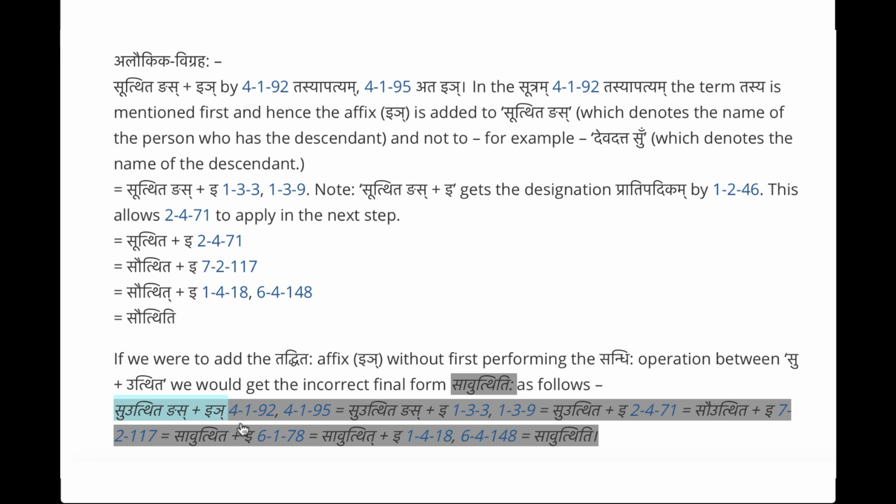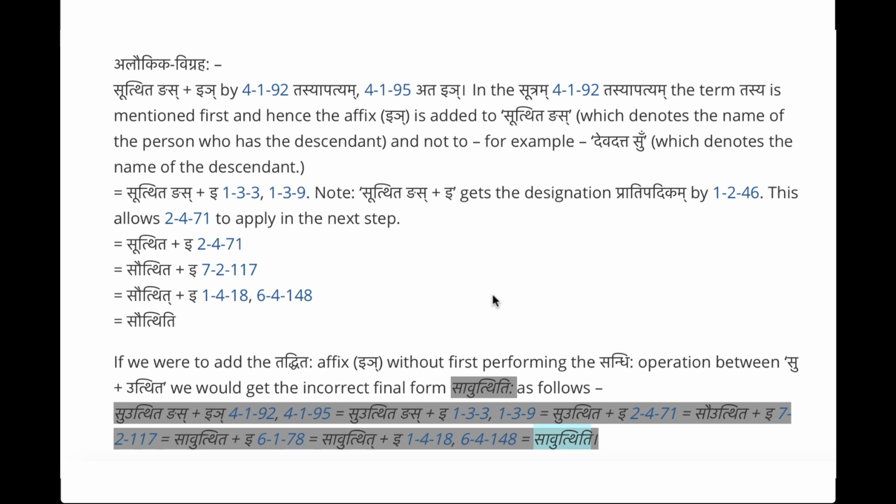Su Uthita Nyas plus Iny by 4.1.92 Tasyapatyam and 4.1.95 Ata Iny equals Su Uthita Nyas plus E by Halantyam Tasya Lopaha 1.3.3, 1.3.9 equals Su Uthita E by 2.4.71 Supo Dhatu Pradipadikayoho equals Sau Uthita plus E by 7.2.117 Taditesh Vachamadehe equals Savuthita plus E by 6.1.78 Echoyavayavaha equals Savuthita plus E by 1.4.18 Yachibham and 6.4.148 Yasyeti Cha equals Savuthiti. So it will be the incorrect form.